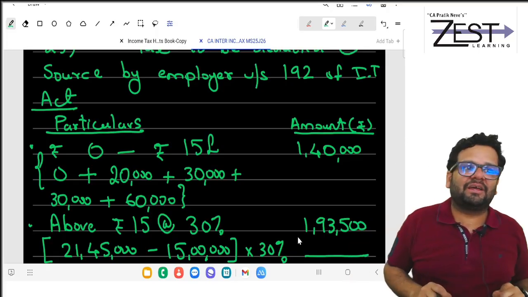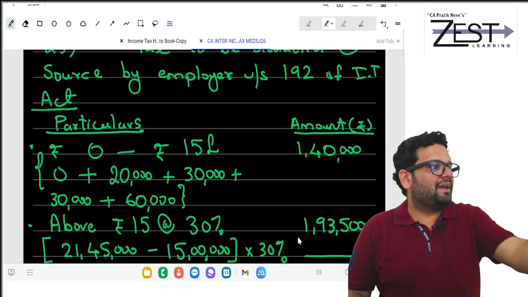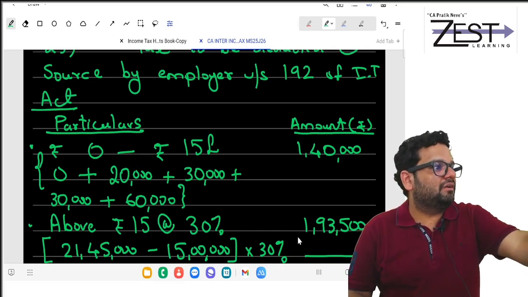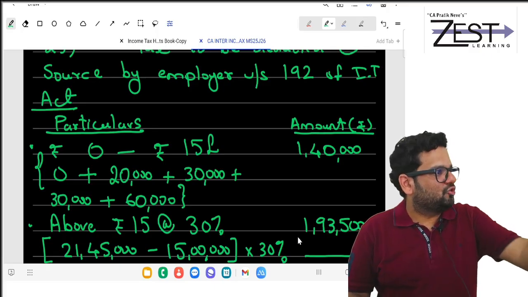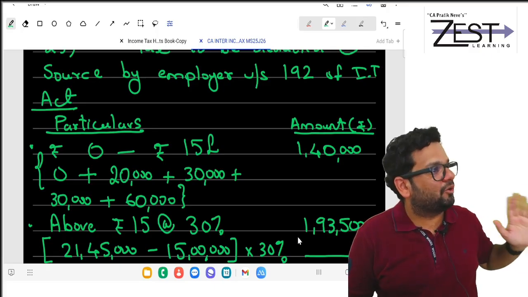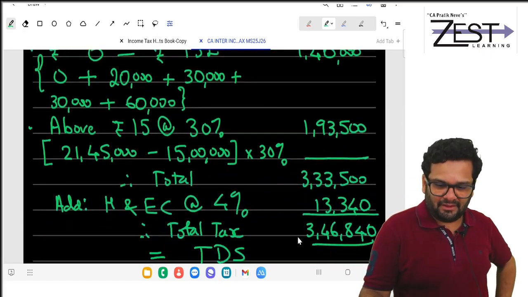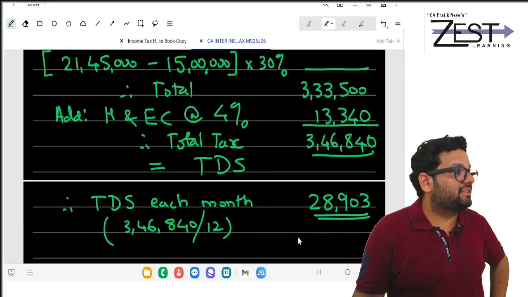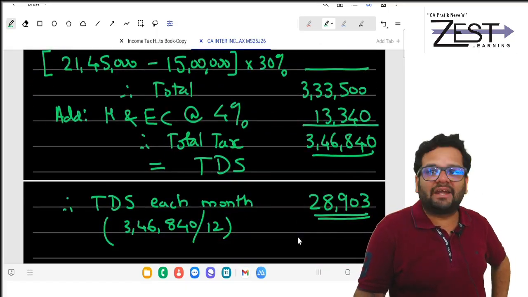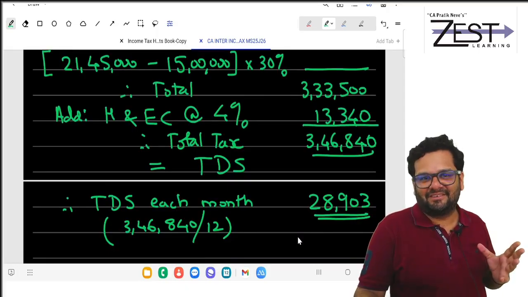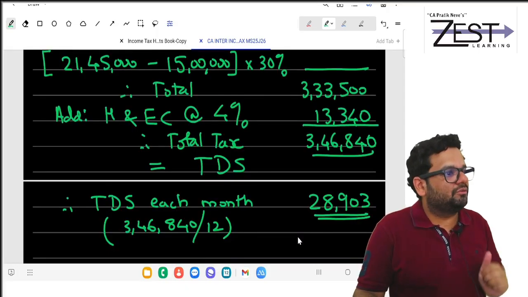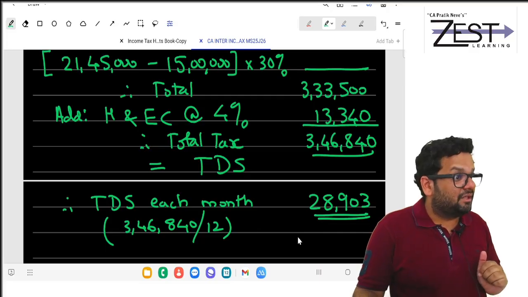But the picture should be like this: tax payable by the employee for the PY should be equal to TDS done by the employer. Okay. If someone doesn't give a declaration and says I don't have any investment, and he opts out of 115BAC, then more TDS will happen.